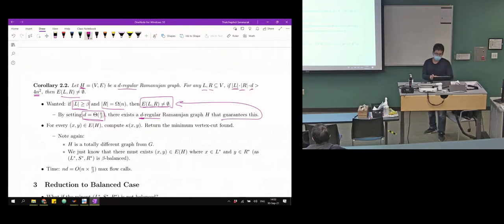So now we have a graph H such that for any two sets, L of size bigger than beta and R of size O of n, there is an edge of H between the two sets. Now we are basically done. We take each pair xy from H defined by this expander, compute kappa of xy, and return the minimum vertex cut that we have found.